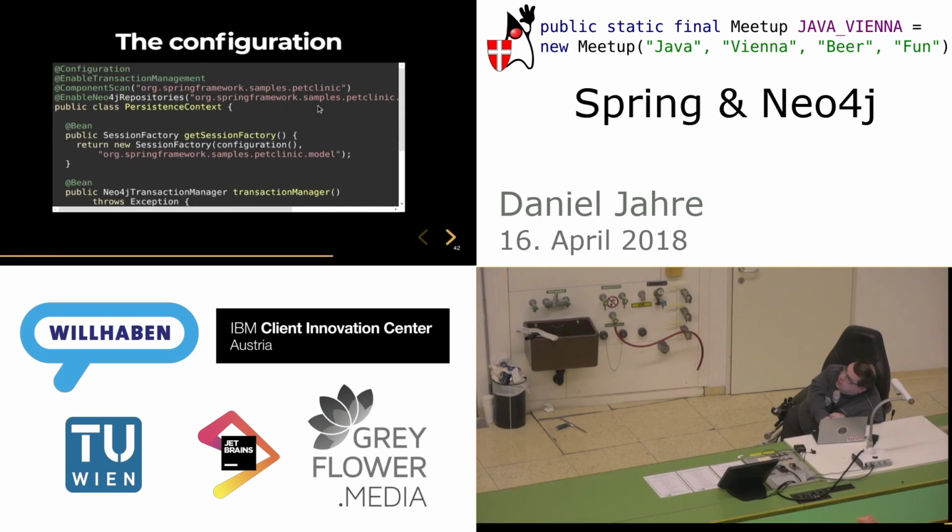And I can put more than one package to that. So if I want to store my models for the graph in different packages, I can add some more packages there as well.